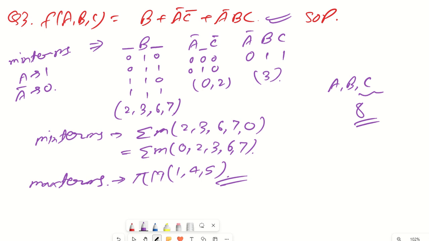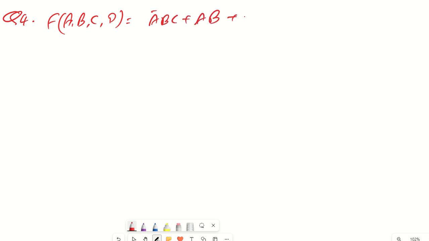Let us take another question and try to see whether it is possible or not. I'll just increase the variable number. So my question number 4 is function of a b c d, and this is going to be equal to a bar b c plus a b plus b c bar.